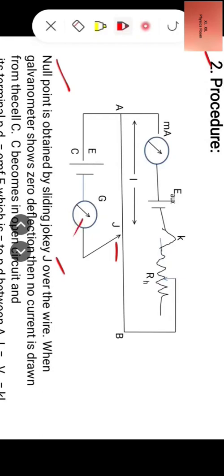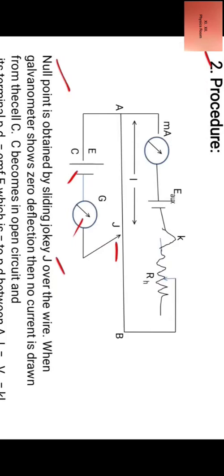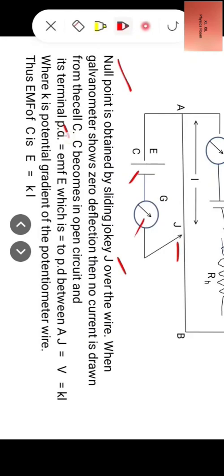When the galvanometer shows zero deflection, then no current is drawn from the cell C. C becomes an open circuit and its terminal PD becomes equal to EMF E, which is equal to the PD between AJ, which is equal to V, and V is equal to K into L, where L is the length from end A and K is the potential gradient of the potentiometer wire.